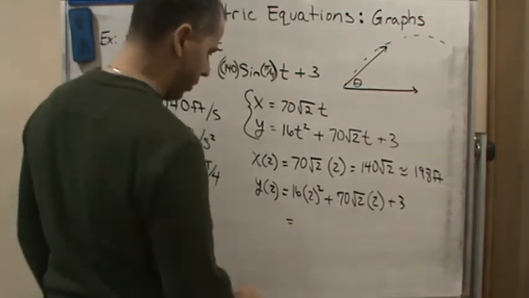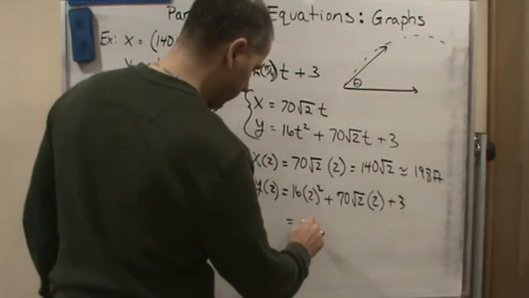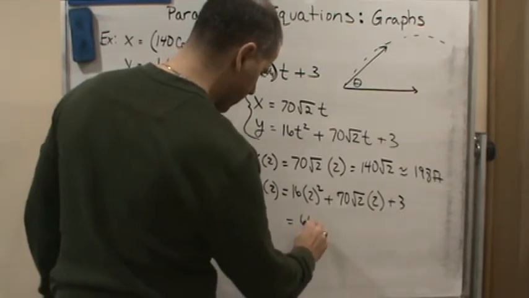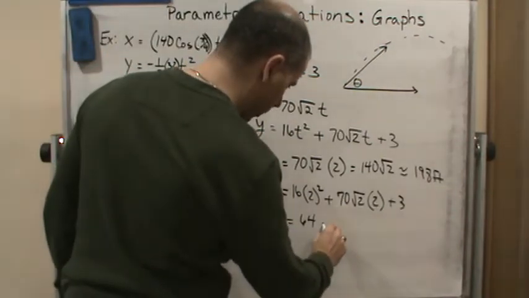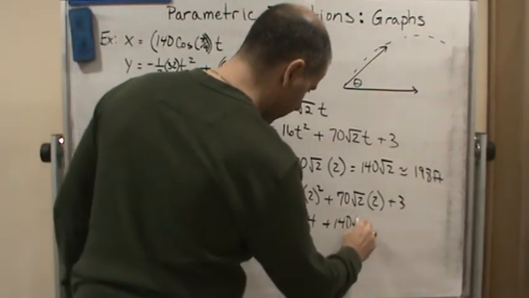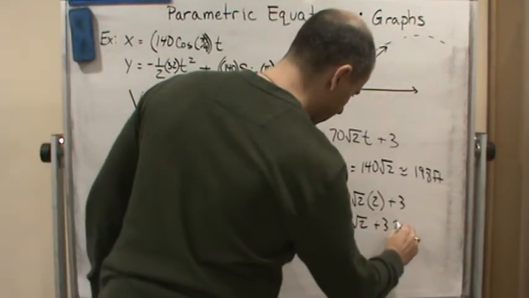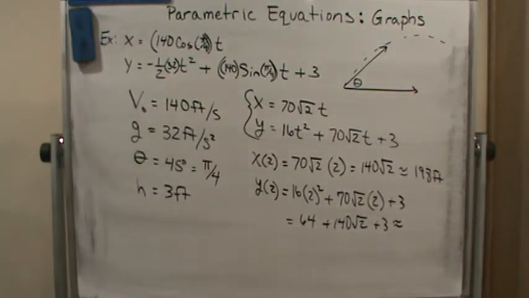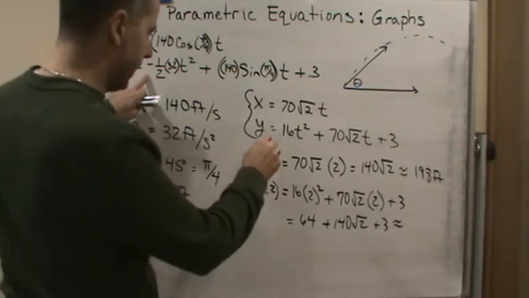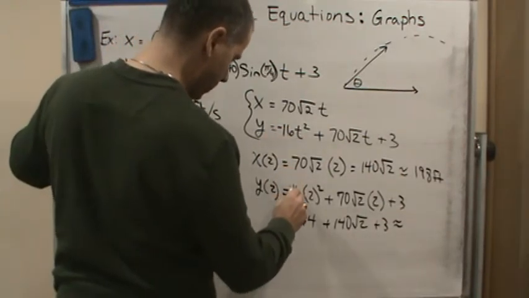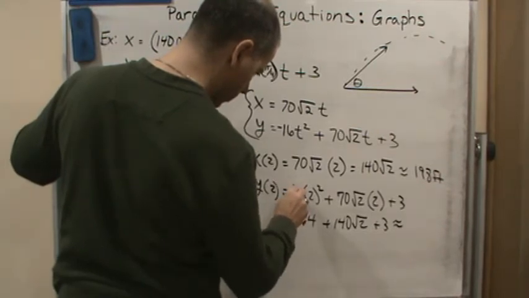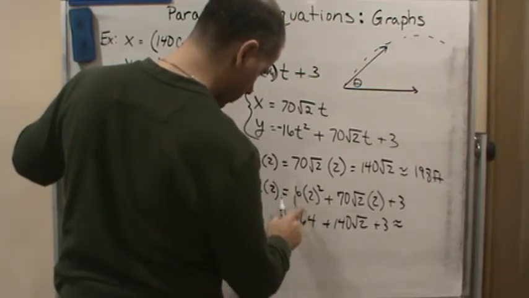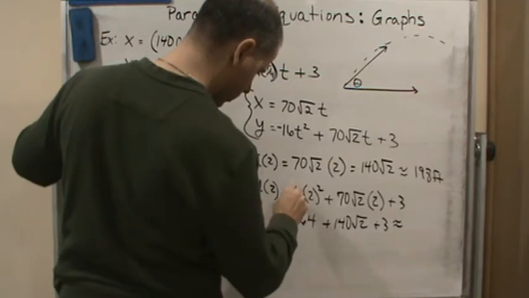And so this is going to be 64, right? 64 plus 140 times the square root of 2 plus 3. And so this is going to be approximately equal to, oh, hold on a second. I forgot my negative.